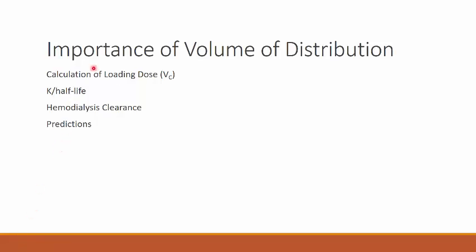All right, so calculation of loading dose. If we're trying to figure out a loading dose, we make sure we use our central volume of distribution, not our eventual volume of distribution. We don't use VD apparent, and we don't use VSS because we could overdose a patient. We talked about clearance or elimination rate constant, and half-life. Hemodialysis clearance. Hemodialysis is basically like an organ, like a kidney sitting on a table next to a patient.